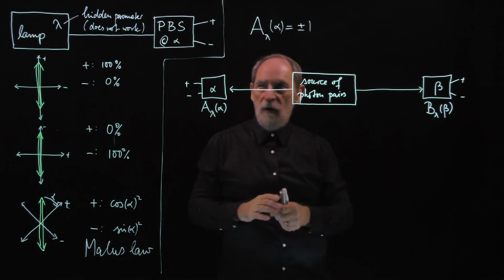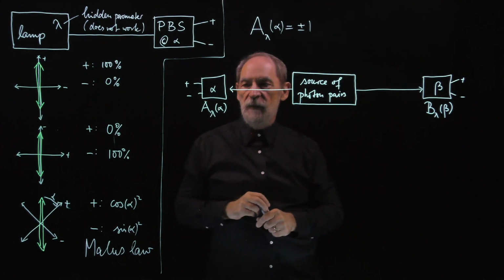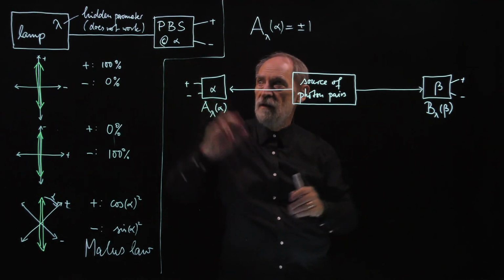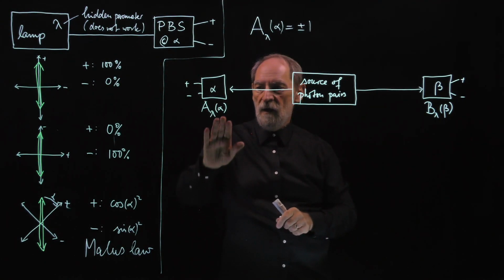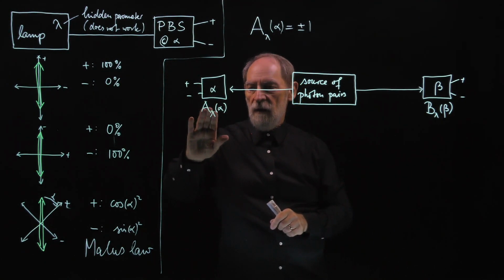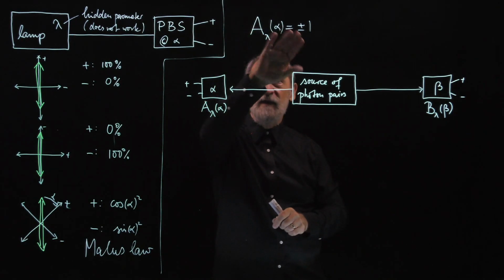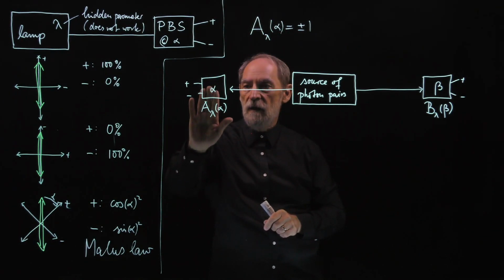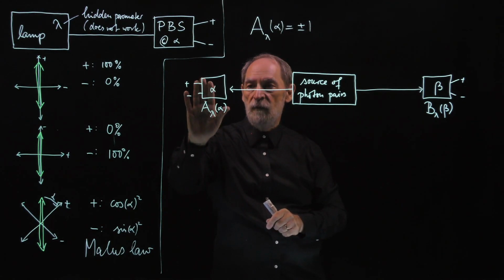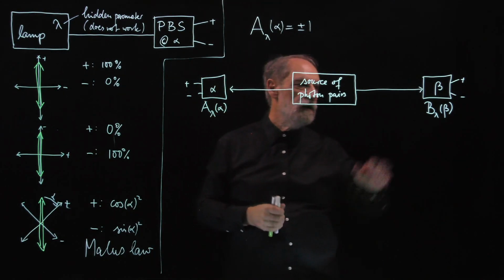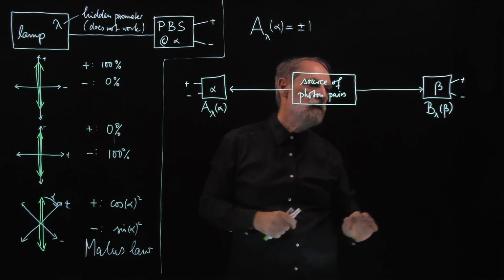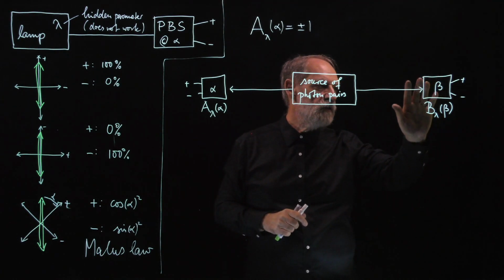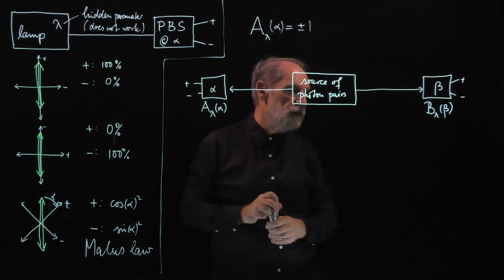Now for each pair we now have such a variable lambda, so assuming that there is such a mechanism, we have a function a of lambda and alpha of this kind that makes sure that the Malus law is observed on the left, and another function of this kind that makes sure that the Malus law is observed for the photon that is probed on the right.